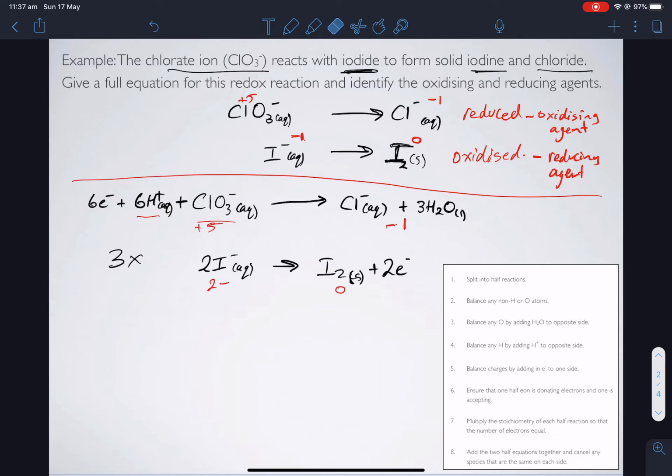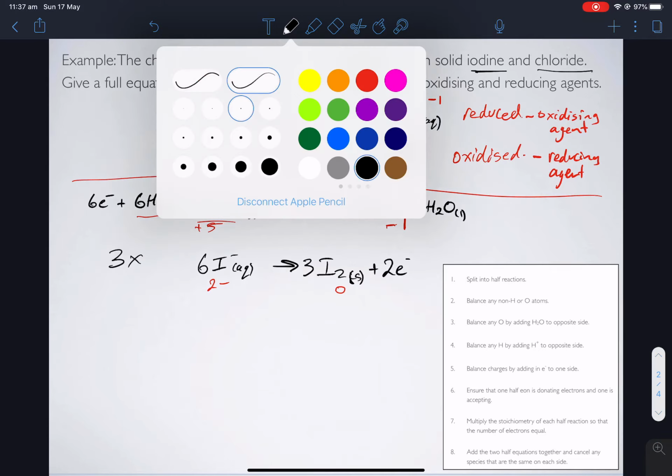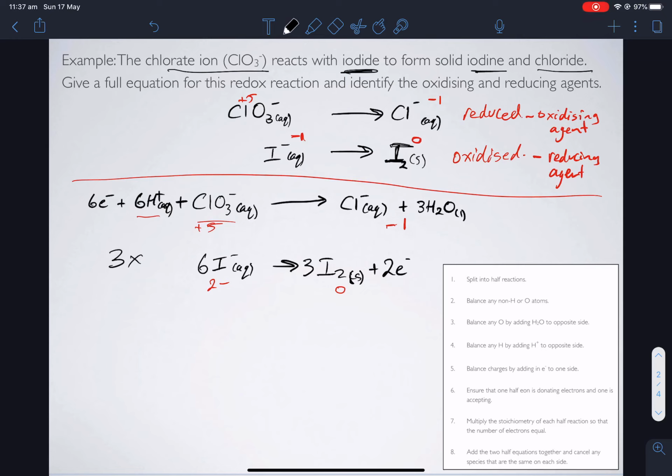So I'm just going to up that to 6. 2 times 3 is 6 in front of the iodide. There's a 3 in front of the iodine, and this 2 electrons now gets multiplied by 3 to get 6 electrons. Okay, now we're all good. We can add them together in the right ratio.